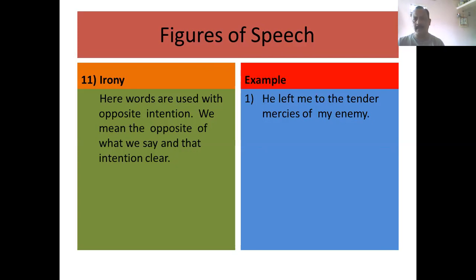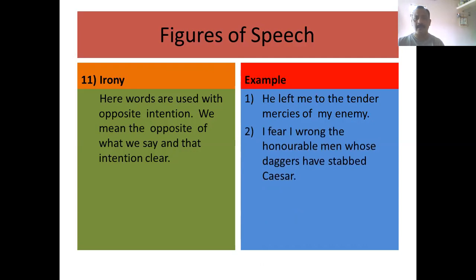But here it says he led me to the tender mercies of my enemy. Such opposite ideas are used: enemies cannot be tender, enemies cannot be soft. The meaning is quite opposite of the words.